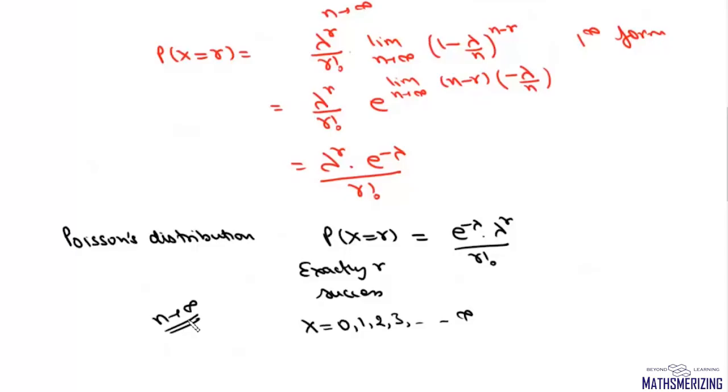So this Poisson's distribution is a special case of binomial distribution, and this distribution is applied if n is sufficiently large and probability of success is nearly 0.